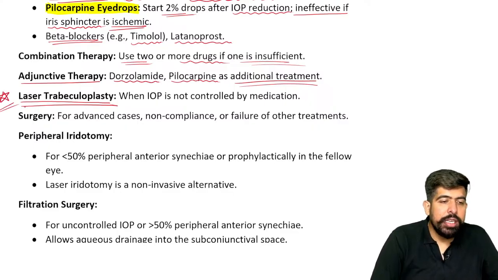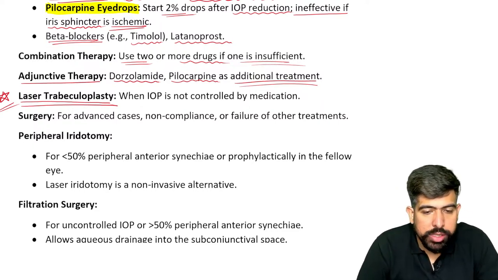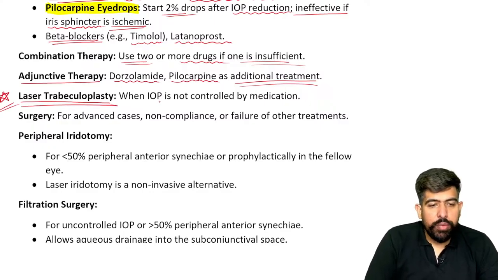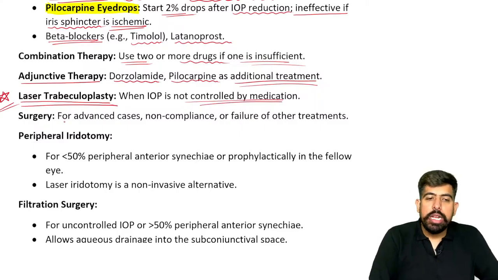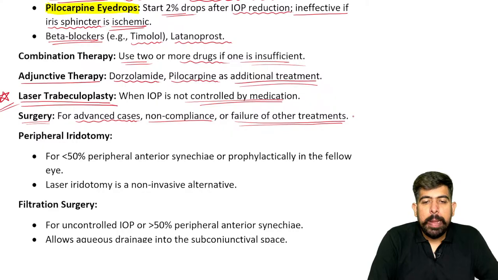So we are correcting the trabecular meshwork, which is sclerotic, where sclerosis is already there. If I'm correcting that through lasers, doing the surgery, when the IOP is not controlled by medication, we have to do the surgery. The surgery is for advanced cases, non-compliance, and failure of medical treatment.